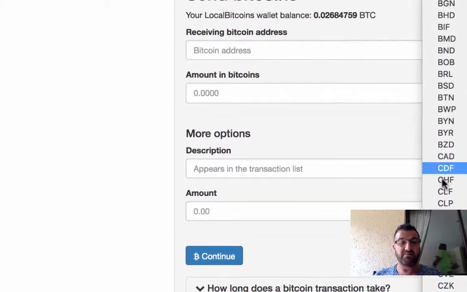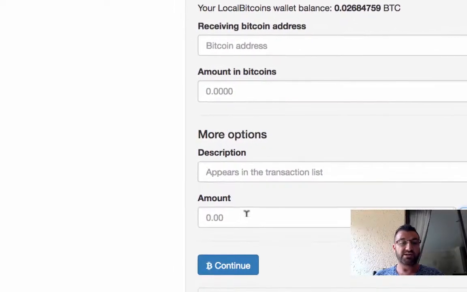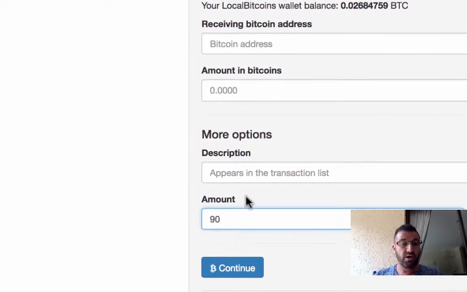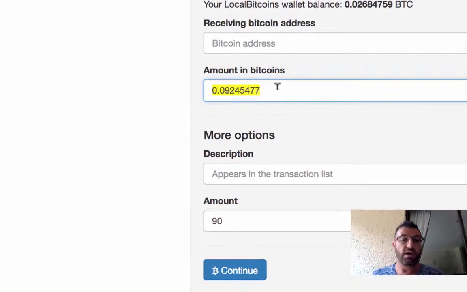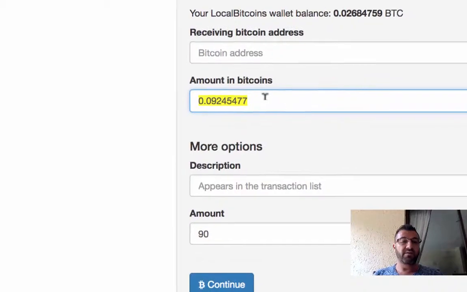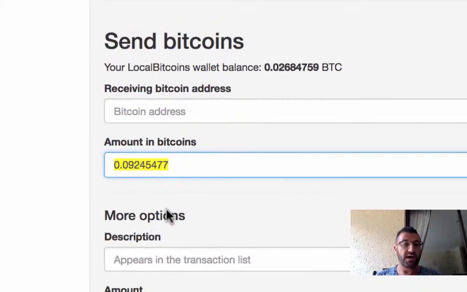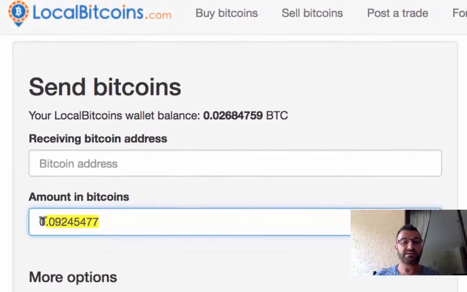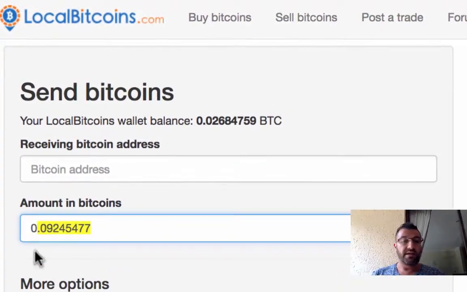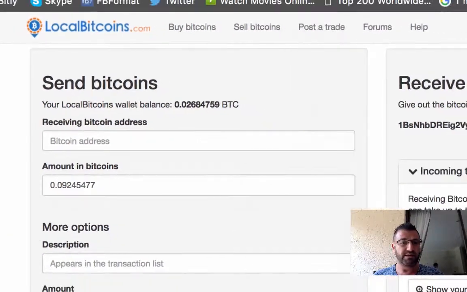What's nice about this platform is it works out the exact exchange amount. So let's say I wanted to send 90 euros, and over here it'll automatically tell you exactly how many Bitcoin the 90 euros is worth. At today's rate, 90 euros is worth 0.092 etc. Bitcoin. That's quite handy, and the same applies to US dollars, etc.